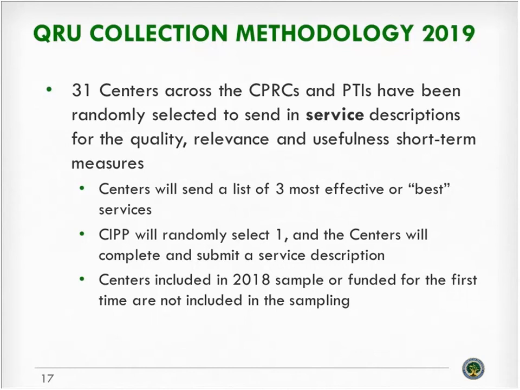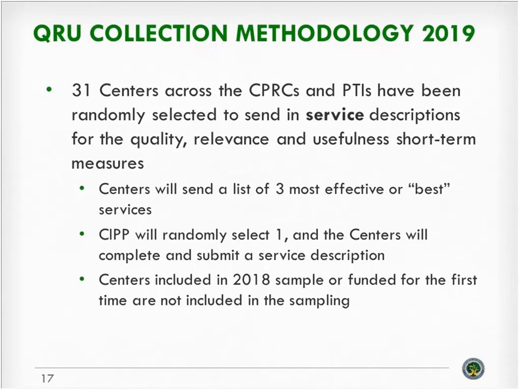So let's talk just a minute about the QRU collection methodology for this year. There are no substantive changes from what was done last year. 31 centers across the CPRCs and the PTIs have been randomly selected to send in service descriptions for the quality, relevance, and usefulness measures.